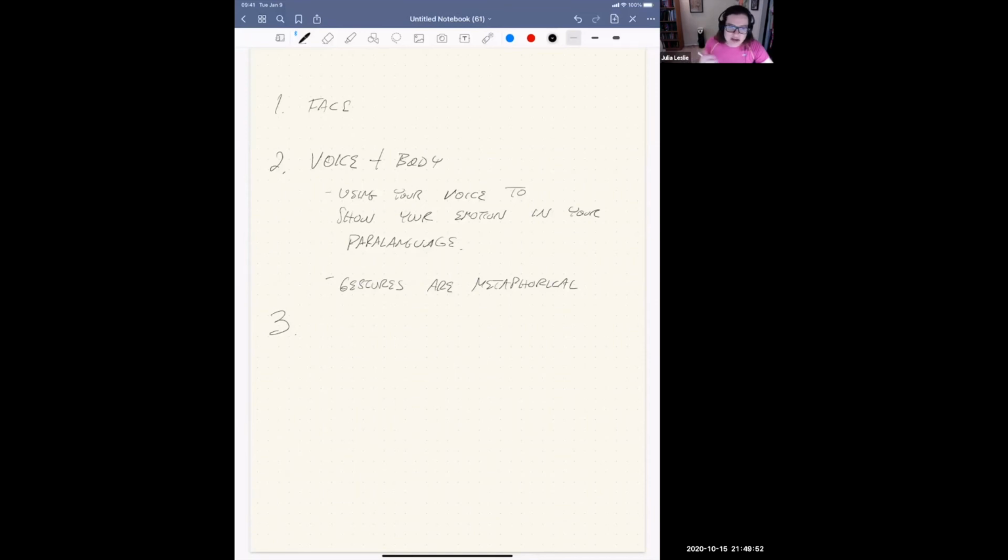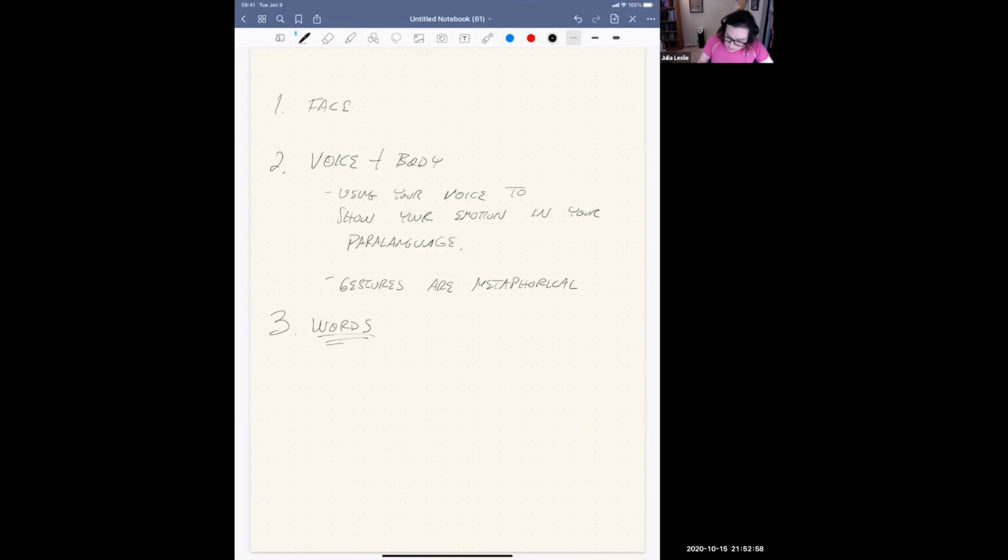So really training your face to be super expressive of what feelings you have. And this is something that can be developed as a habit of showing the emotions that you're feeling.